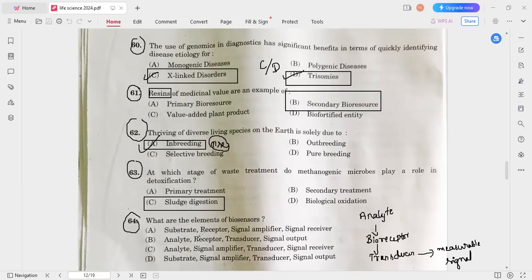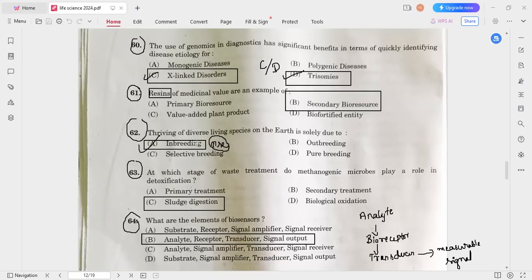So here you can see the first one: analyte, receptor or bioreceptor, transducer, signal, output. Okay. So the answer for question number 64 is option B, that is analyte, receptor, transducer, signal, output, that is measurable signal. So this is about question number 64.